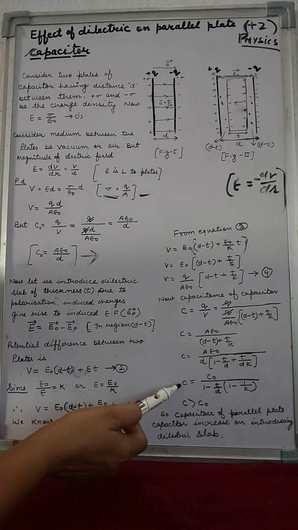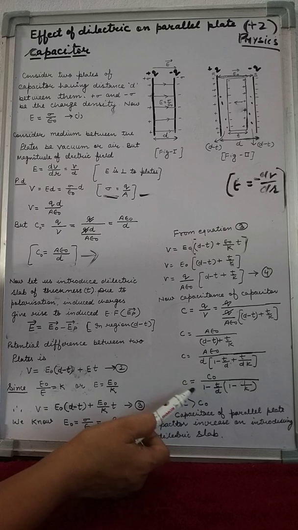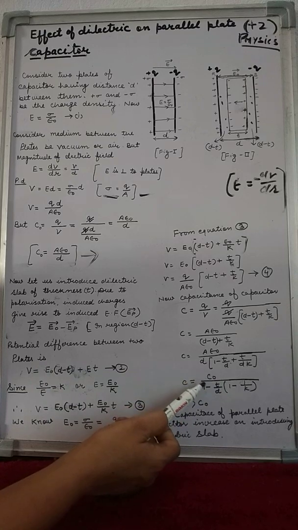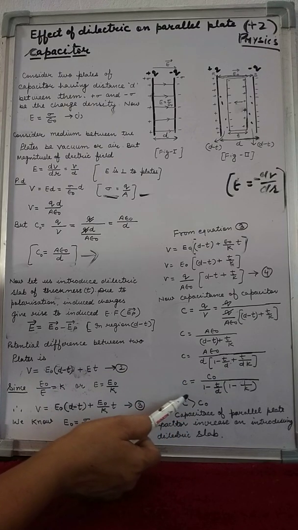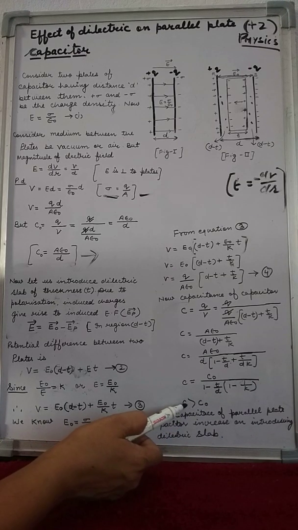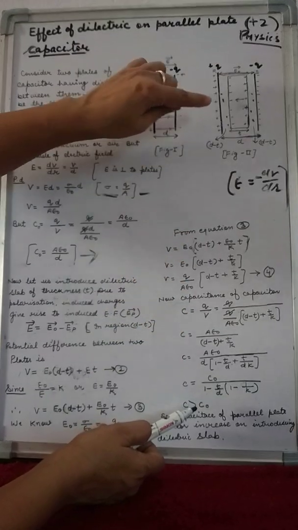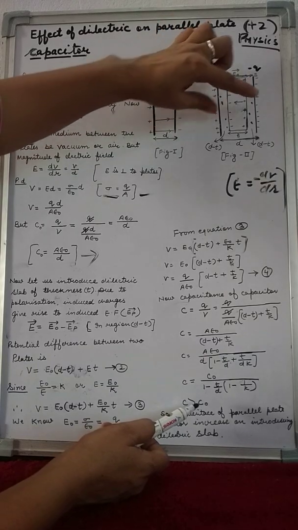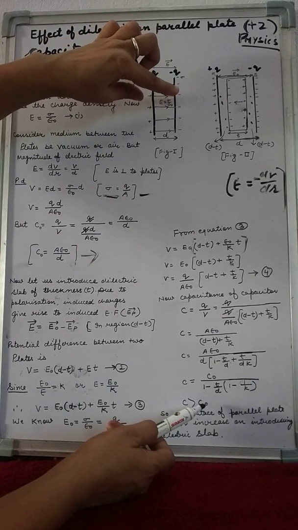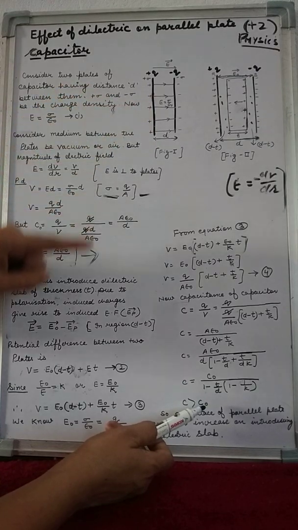Here C naught is divided by some quantity less than one, which means the value of C is greater. C naught is less than C, means C is greater than C naught. C is the capacitance when we introduce the dielectric slab in between the two plates of the capacitor, and C naught is the capacitance of the parallel plate capacitor when there is air between the two plates.